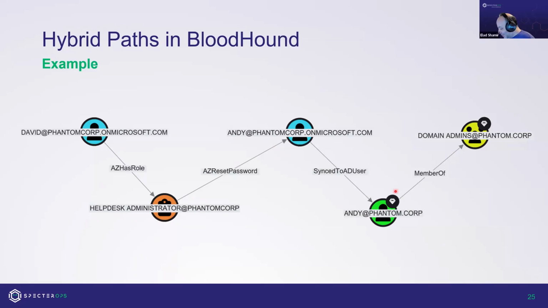But in the real world, in some of our enterprise customer environments, we saw quite elaborate paths going from on-prem Active Directory to a synchronized account in Entra. In there, there was some role assignment that allowed us to take over another account of another synchronized account going back to on-prem.